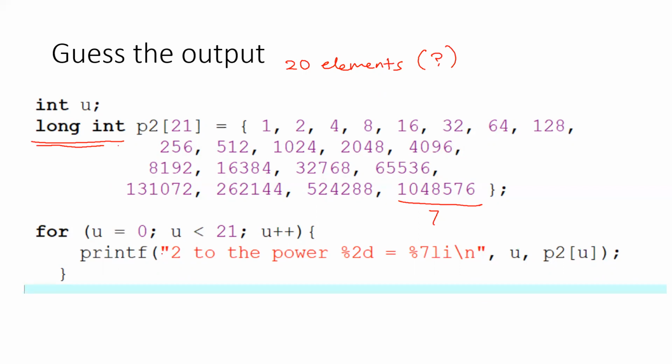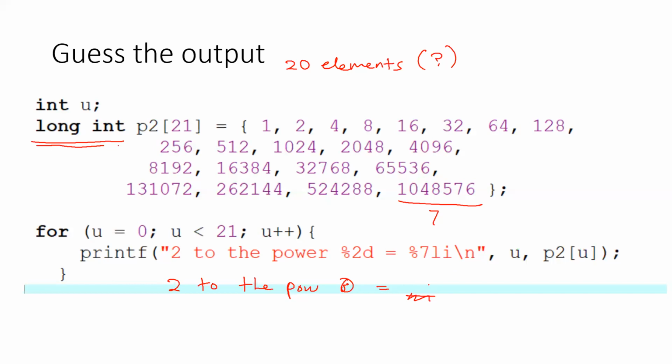Okay, and then the output is printf 2 to the power of u. U adalah input untuk for loop. So contohnya 2 to the power of 0, start daripada kosong. So output dia adalah p2u.